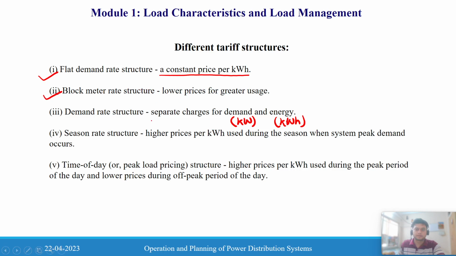The prices get reduced upon increasing the usage of power. Initially, for a certain amount of kilowatt energy it has a different price, and after that the prices get lowered.